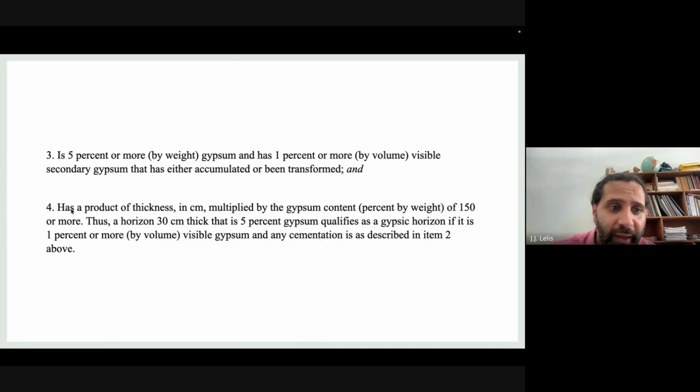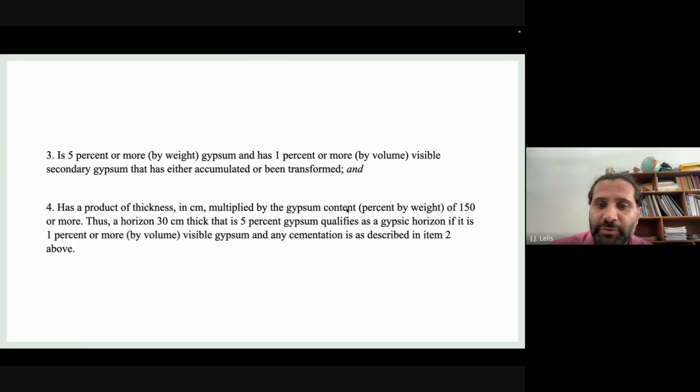And it has a product of the thickness in centimeters multiplied by the gypsum content of 150 or more. So I need to do a math. Again, if I have a horizon with 30 centimeters of thickness and I have, for example, 5% of gypsum, yes, it qualifies as a gypsic horizon.